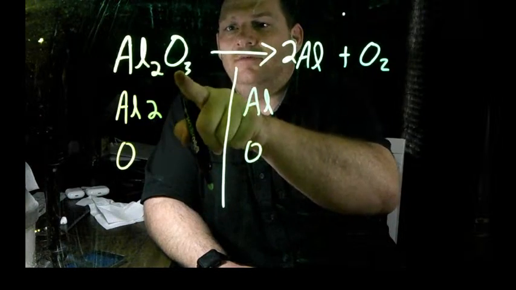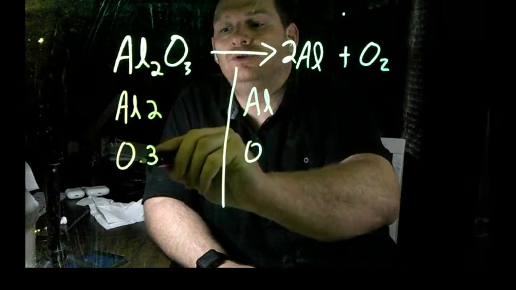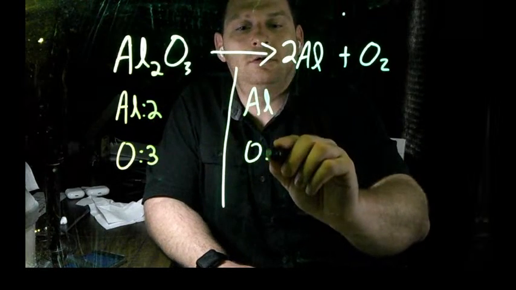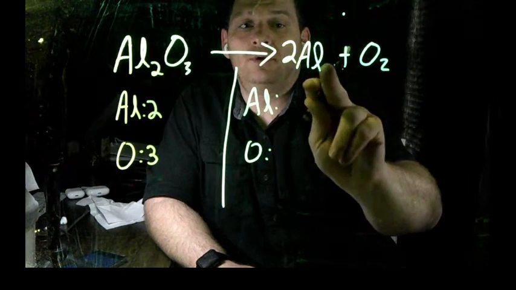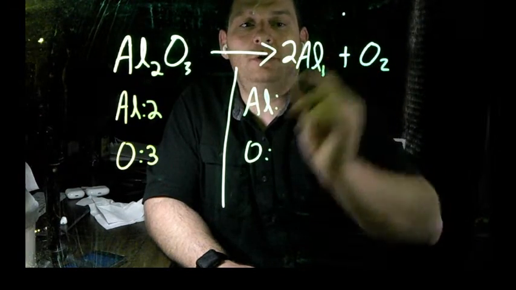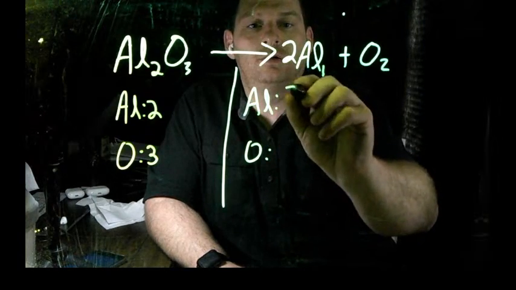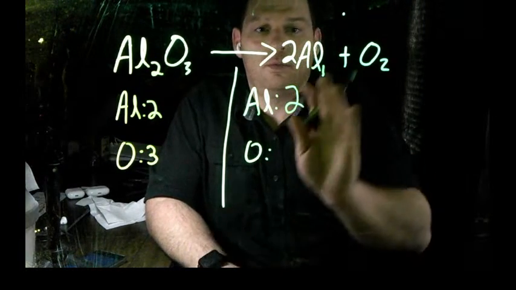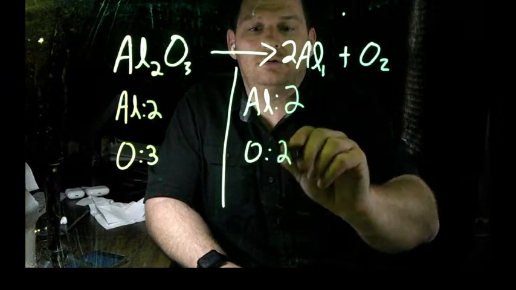For oxygen, we have a 3, a cute little 3. Good. Let's move on to the right-hand side. For aluminum, we don't have a small number right here, so we're going to put an imaginary 1. We have 1 times 2, total 2. What about our oxygen now? We got 2. All right, let's put 2 down.